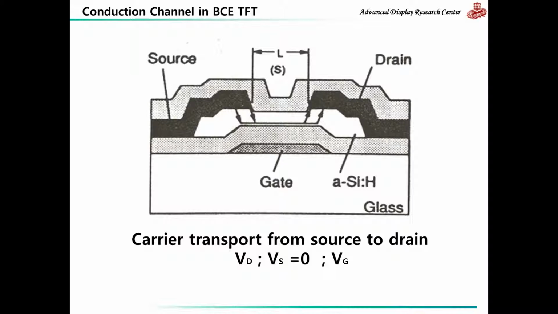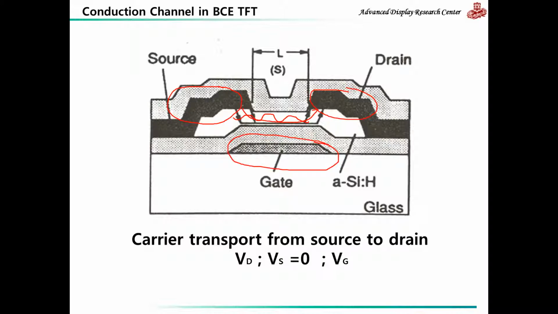So how does a TFT function? Electrons are injected from the source and they are transported through the active layer all the way to the drain metal. Now, the channel conductance can be varied by varying the voltage applied to the gate.